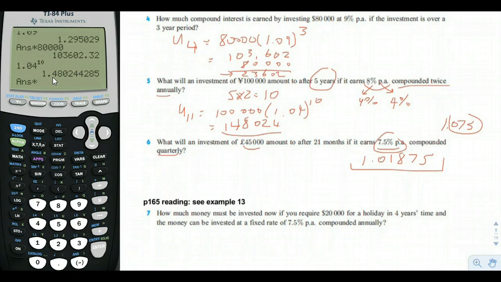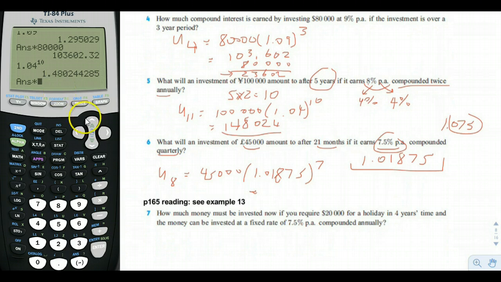So it would be, let's see, 21 months, and it's compounded quarterly. How many quarters are there in 21 months? There's 7, because 7 periods times 3 months each, because it's a quarter, is 21. Okay, so we're actually going to do 7 compounding periods. So we put U8, original investment of 45,000, and then the multiplier is 1.01875, and then the exponent is going to be the 7th, right?